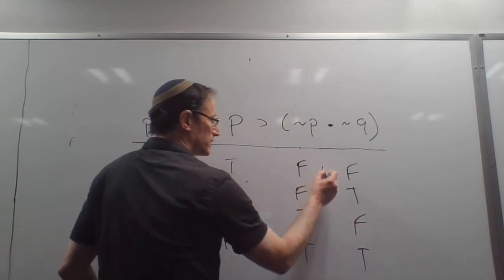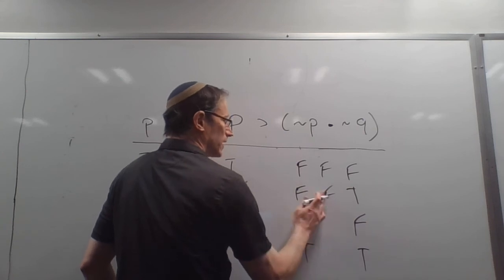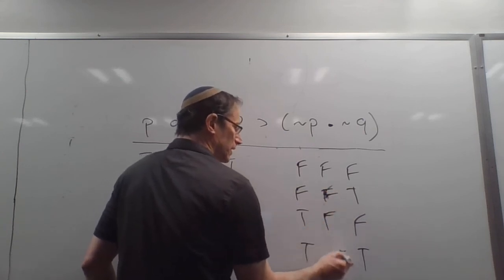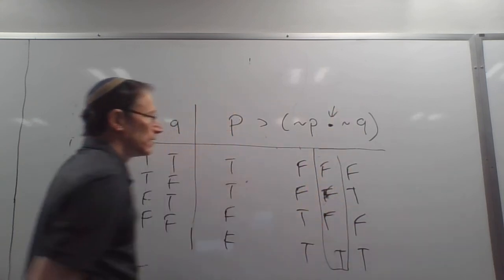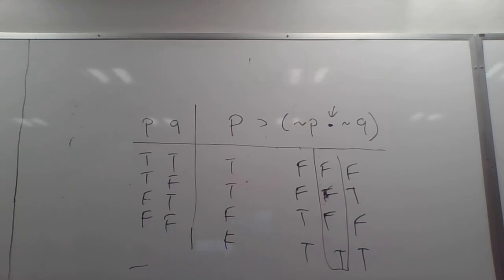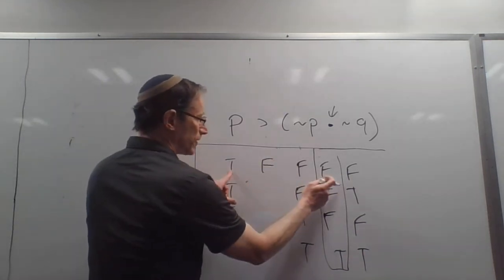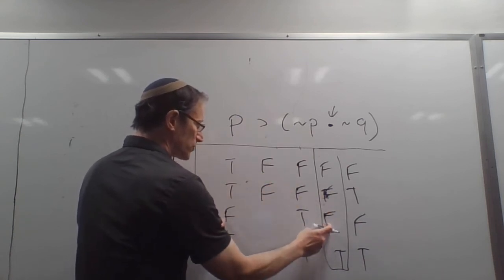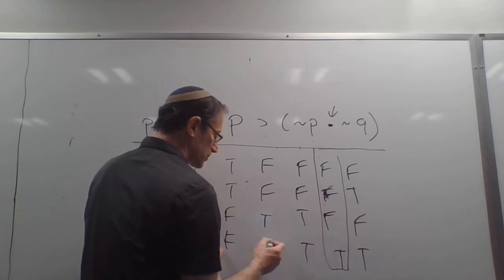The conjunction is F and T. This is the value of the dot. And then when I go over here, I get T horseshoe F is false, T horseshoe F is false, but F horseshoe F is true, and F horseshoe T is true.